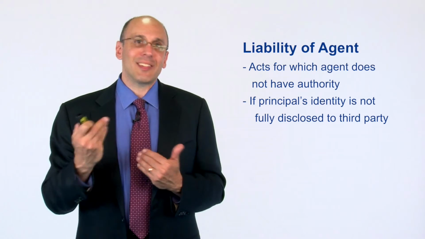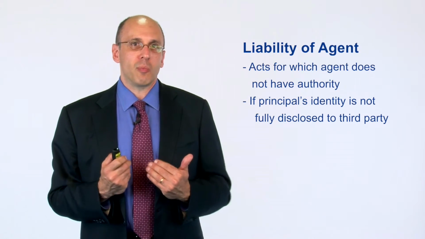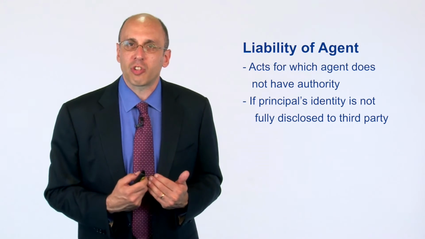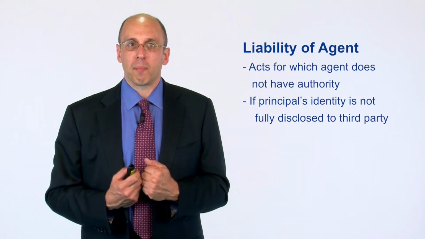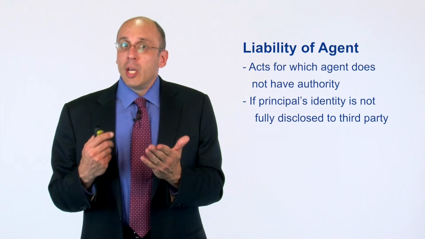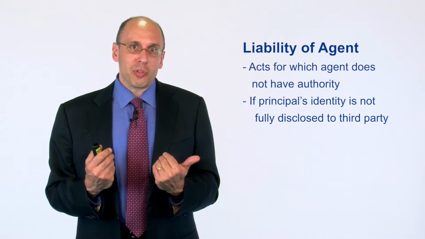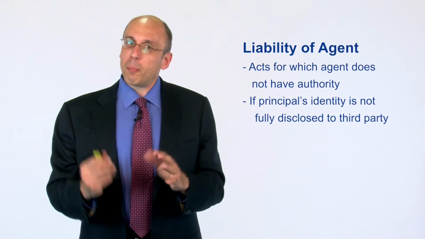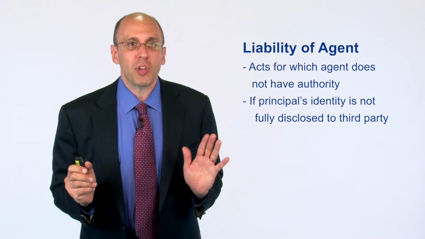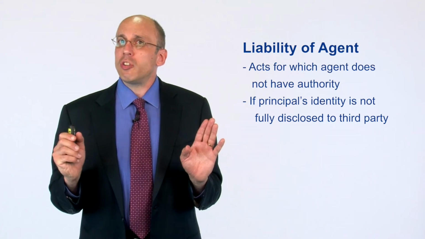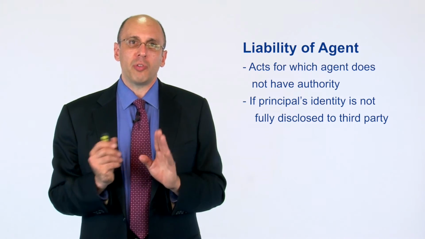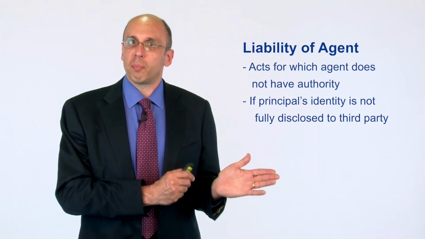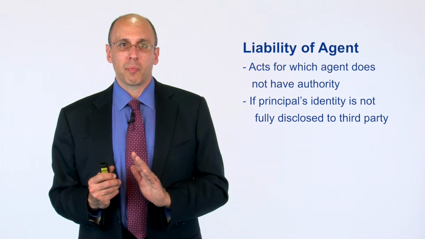The agent can't take advantage of the principal-agent relationship if the agent has not disclosed it to that third party. Conversely, if the agent does disclose it and says to the third party, I'm acting on behalf of someone else, then the agent is protected. And anything that might happen as a result is going to be on the principal, not on the agent.